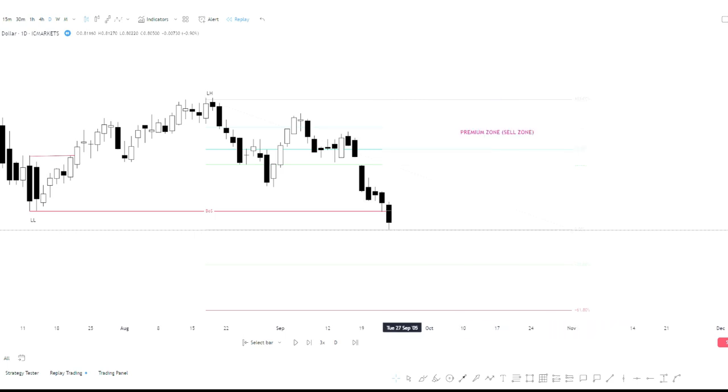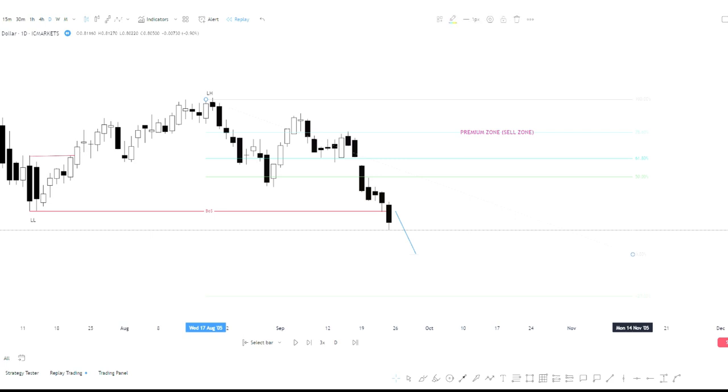What if the market keeps going down like this, for example? I will extend my Fibonacci as long as the market is moving down, and I will also adjust my trading zone until I have a new valid pullback, maybe in a lower zone, maybe it just happened right away.